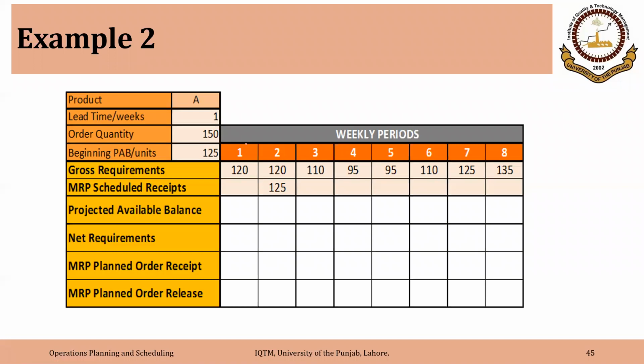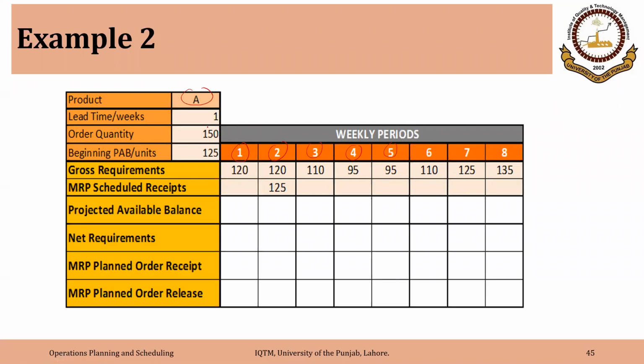Again, we are having these time buckets, so that is a week. And we are given the gross requirement for this product for the next 8 weeks, or say approximately 2 months. And we have to calculate the net requirements, and based on those net requirements, we have to release the order in the corresponding week.